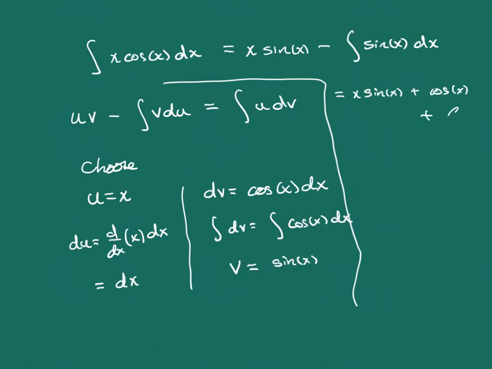And then we've got our plus c on the end. And so what's our final answer? Well, our final answer is just going to be x sine of x plus cosine of x plus our arbitrary constant. Now we can take it one step further.